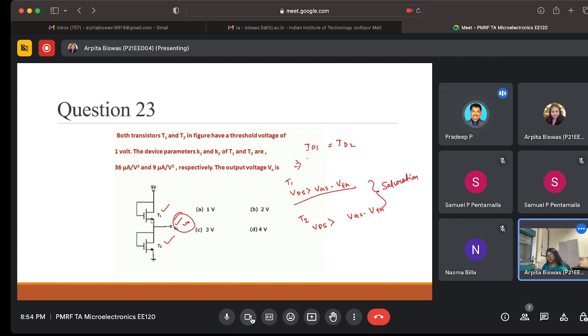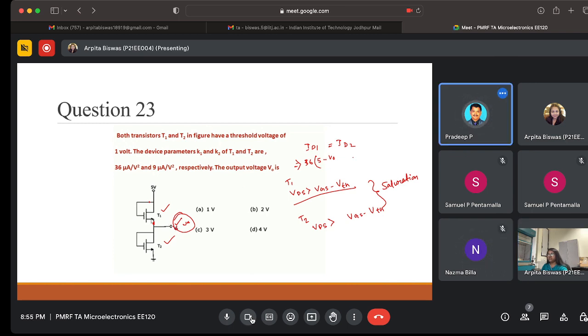So tell me what is the equation for T1? How can you write it? 36 into 5 minus V naught square. No, 5 minus V naught, square. VG is 5 volt, and what is the value of VS? It is V0.